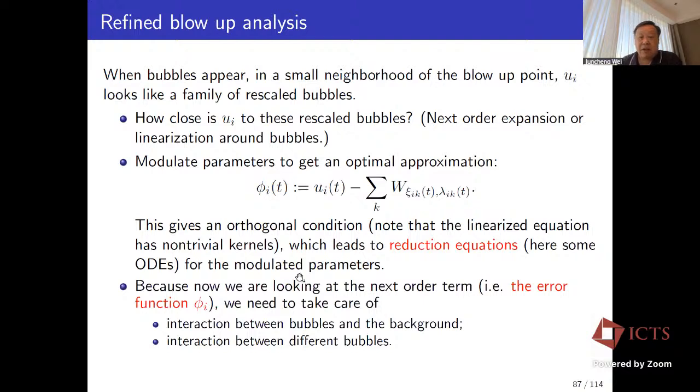And so we need to understand the remaining term, because the remaining term, the error function, is determined by the interaction between bubbles and the background, and interaction between different bubbles.